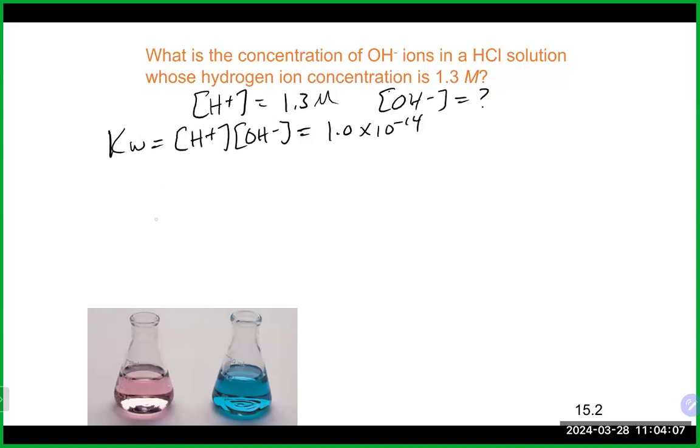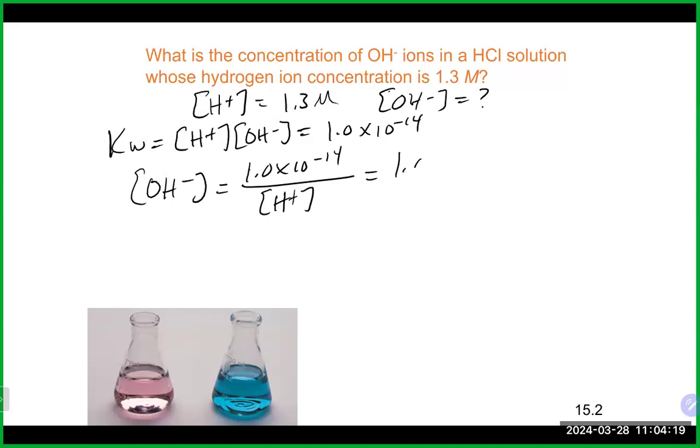In this case, we have the H plus, so the hydroxide concentration would equal our Kw divided by our H plus concentration. Again, make sure you use your exponent button there: 1, exponent button, negative 14, divided by 1.3. That's going to give us 7.7 times 10 to the minus 15.